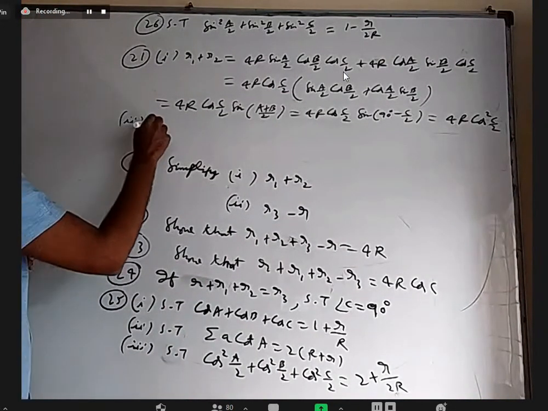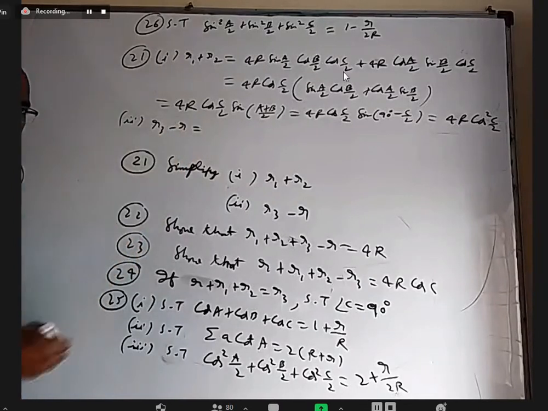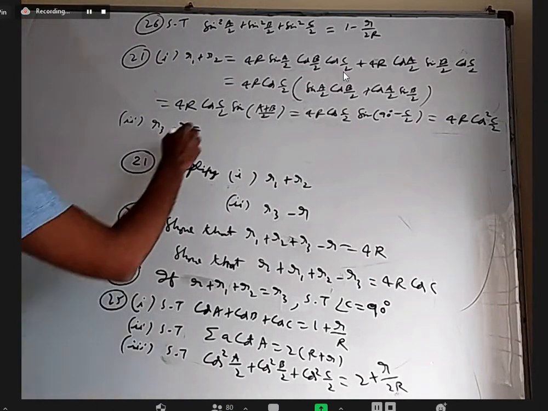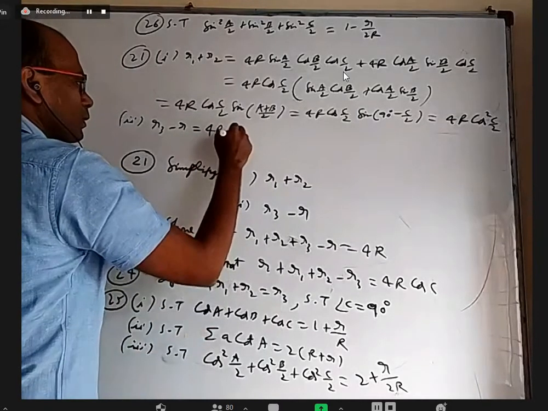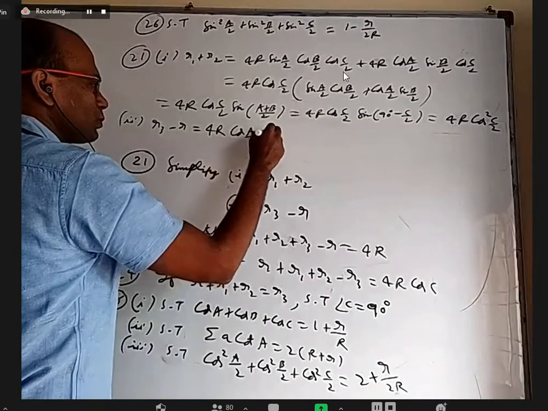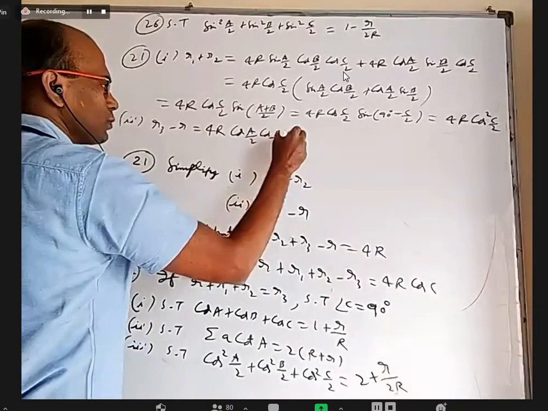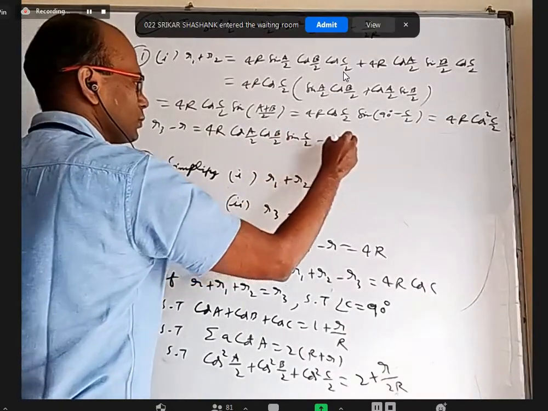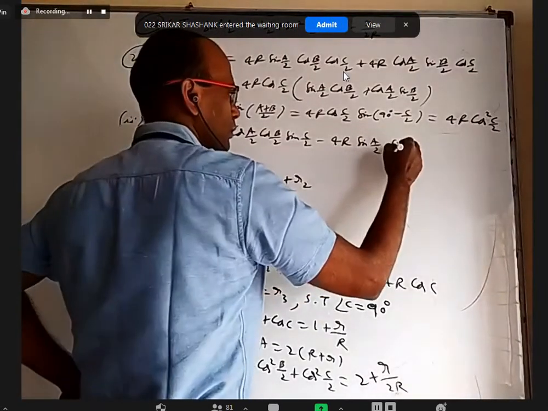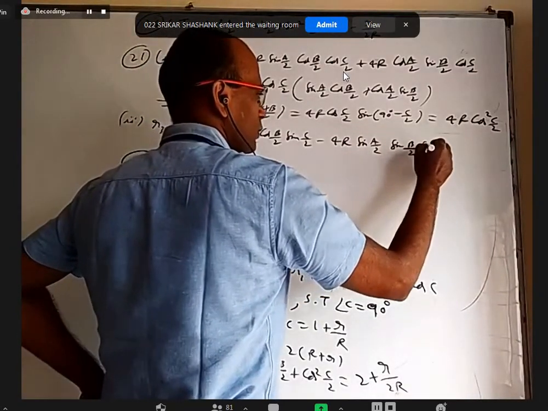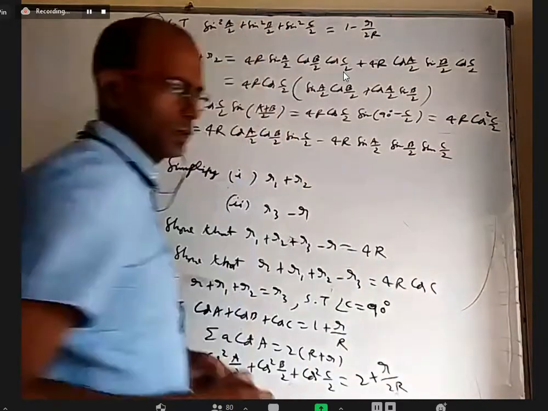R3 minus R1. This is 4R cos A by 2, cos B by 2, sin C by 2. This is 4 capital R sin A by 2, sin B by 2, and sin C by 2.